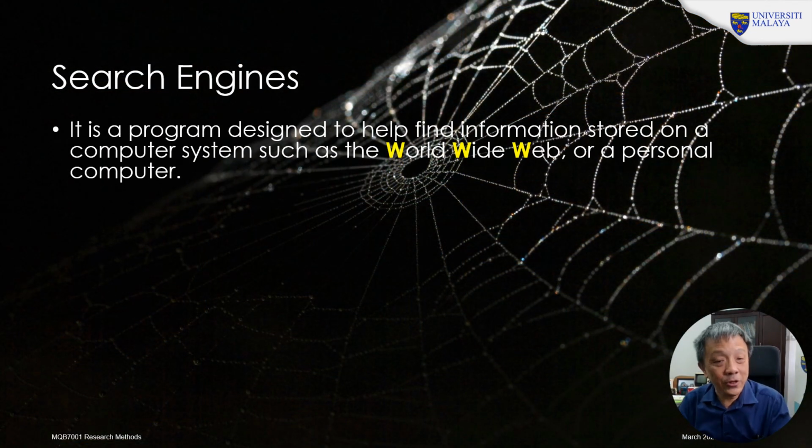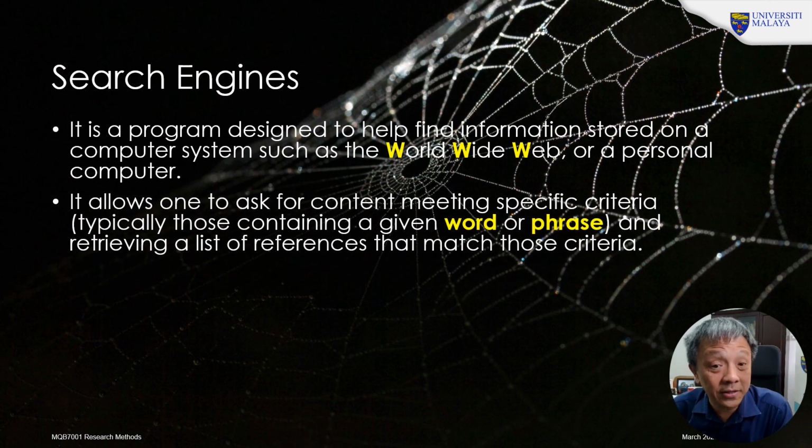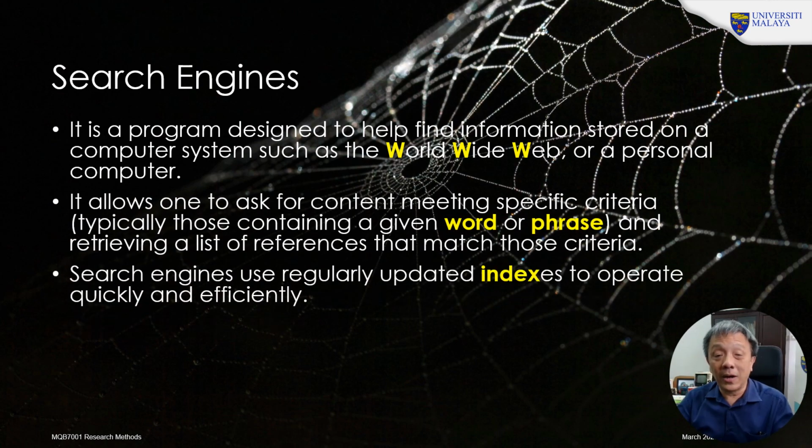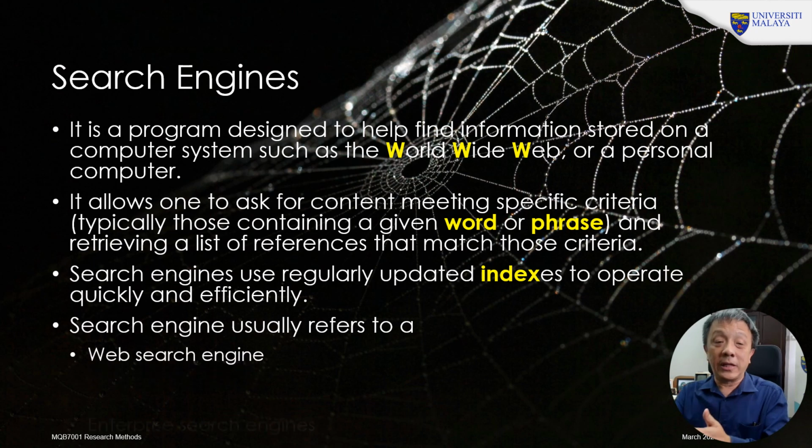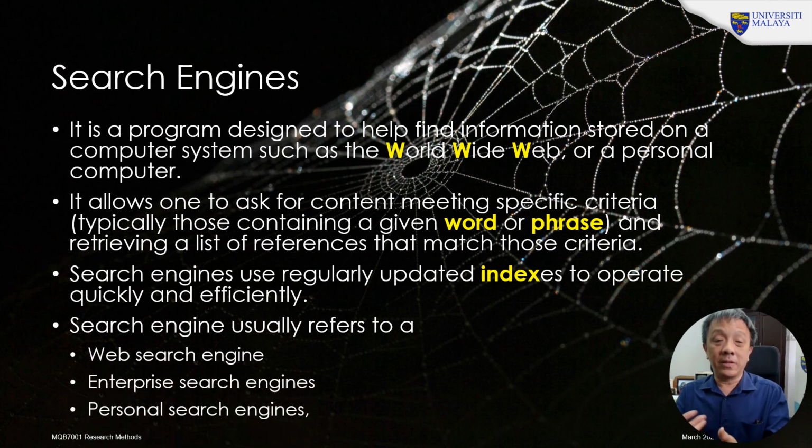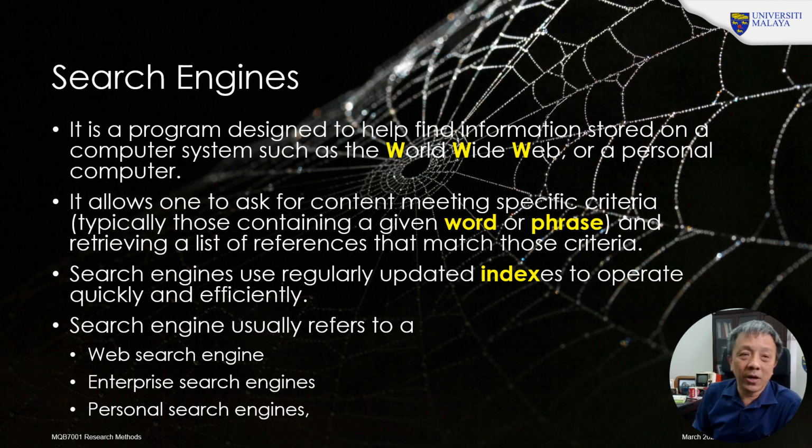So search engines have made our life so easy. Before we actually use a search engine, we must understand what a search engine is and how this has started. Search engines are programs designed to help us find information stored on the computer, such as the World Wide Web or even your personal computer.